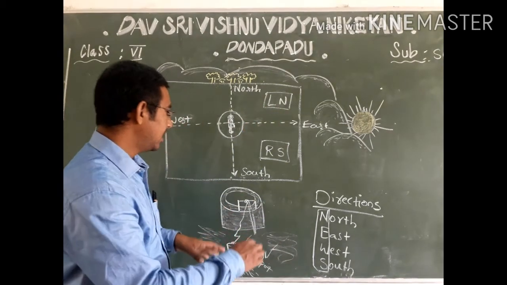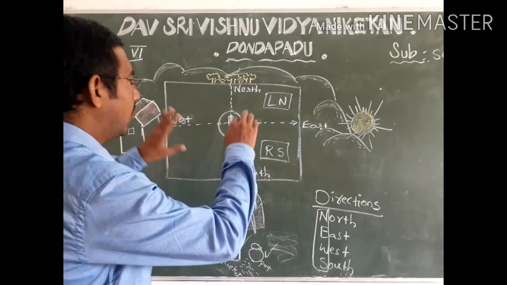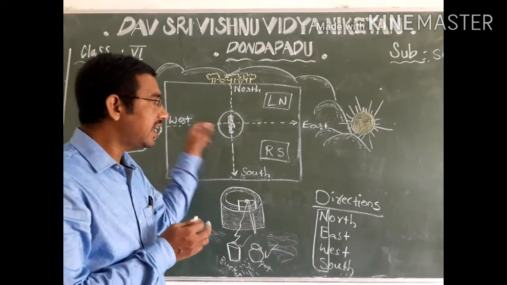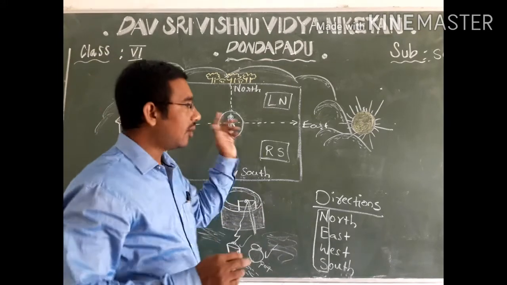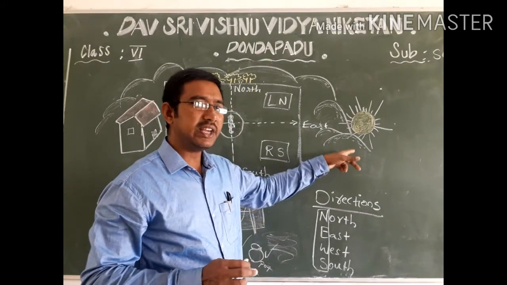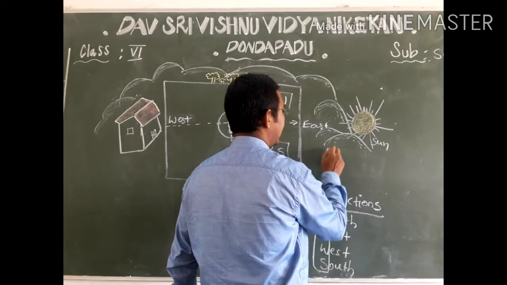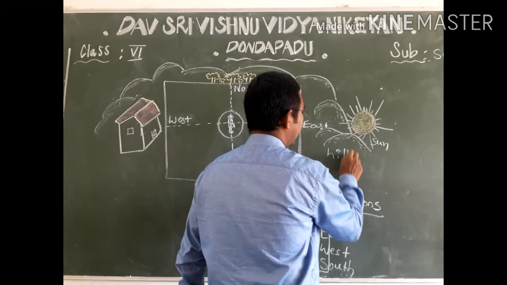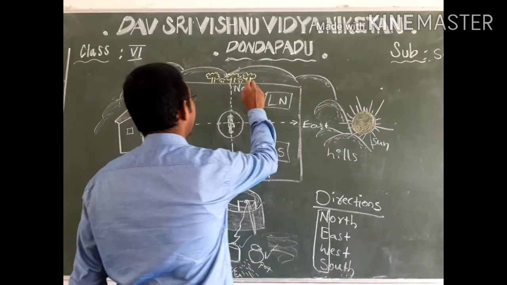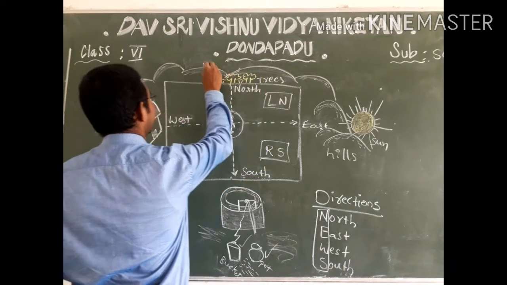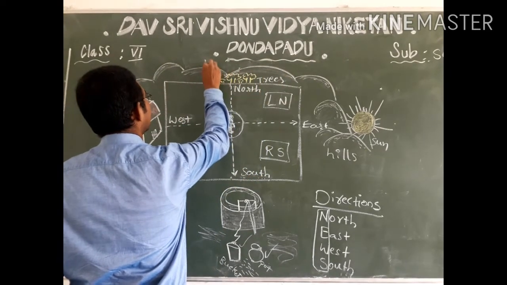So let me discuss what objects are located in the different directions. What are the objects or places located in the east? In the east, the sun is there and also hills. And on the north side, trees are located and also hills.